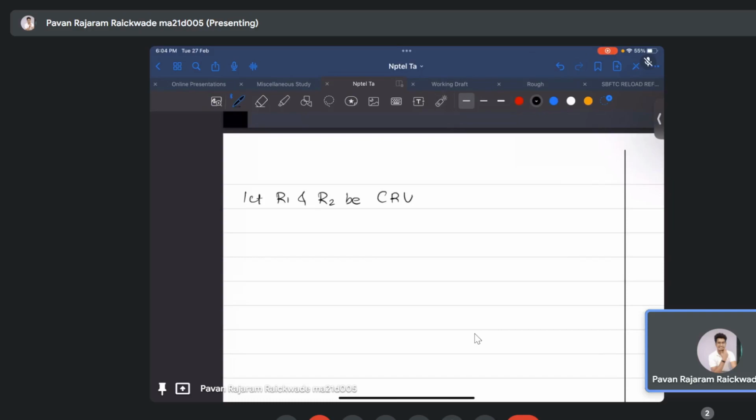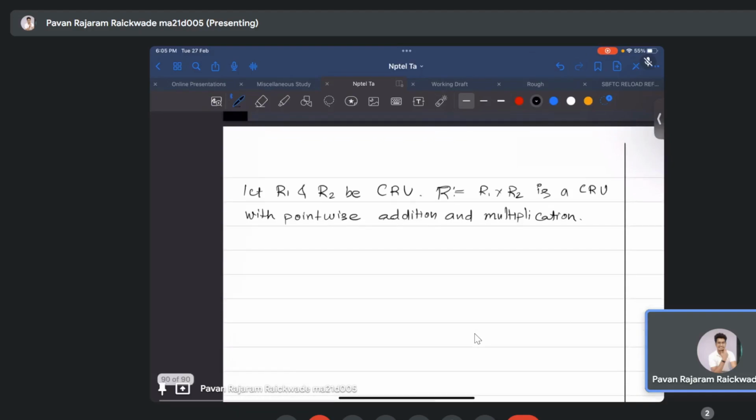If R1 and R2 are commutative rings with unity, then we know the ring R equals R1 cross R2 is a ring with pointwise addition and multiplication. Not just a ring, in fact, this is also a commutative ring with unity with pointwise addition and multiplication.